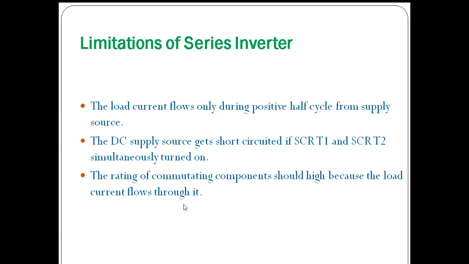We have to choose the proper rating of L and C, as we are using the load commutation technique in the series inverter, and we need to operate T1 and T2 such that they do not make a short circuit across the load.